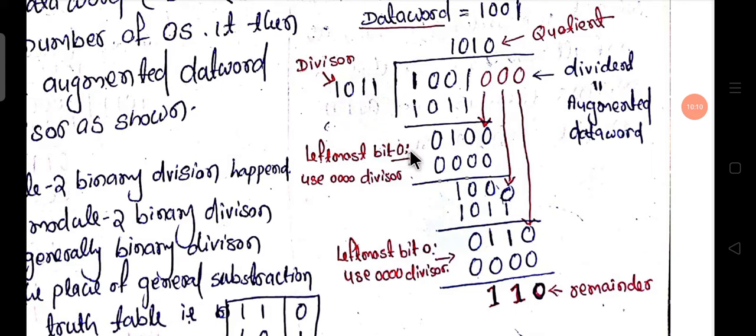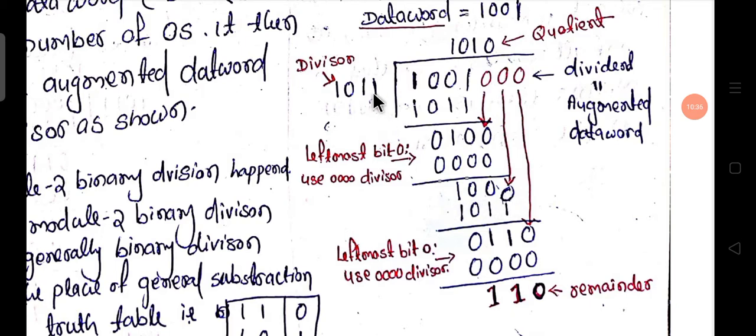So we place all zeros. So here we place all zeros, 0 and 0.